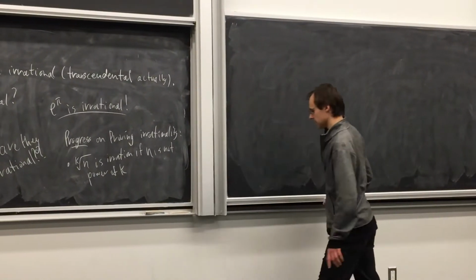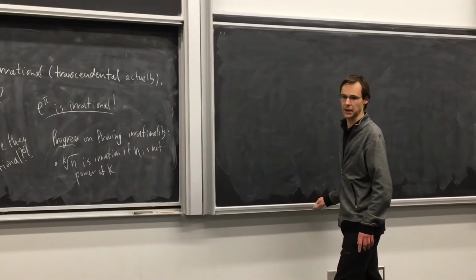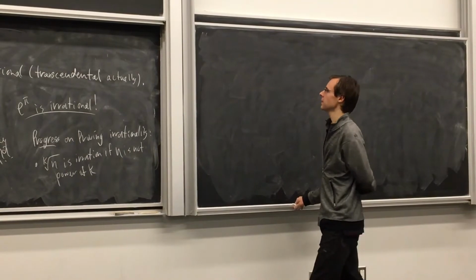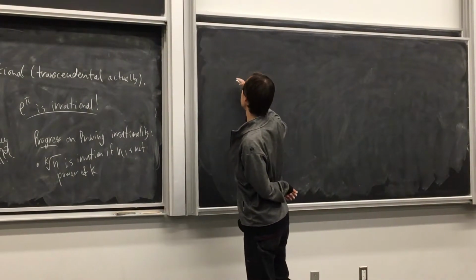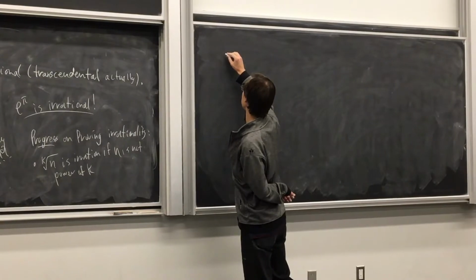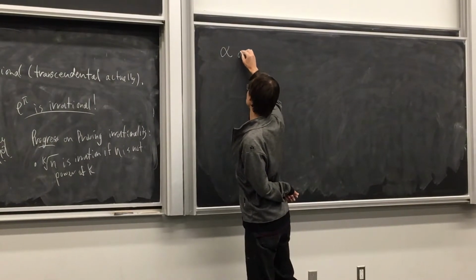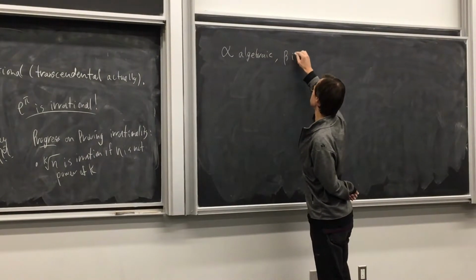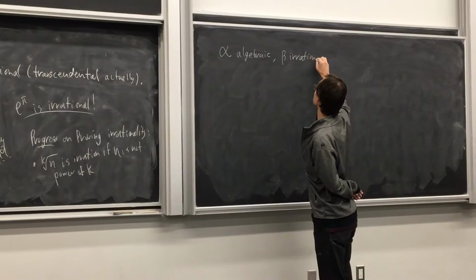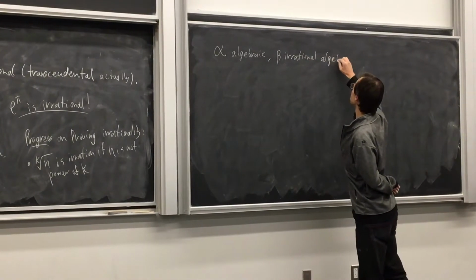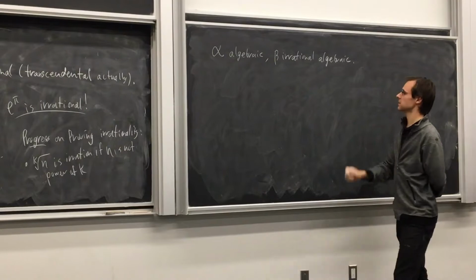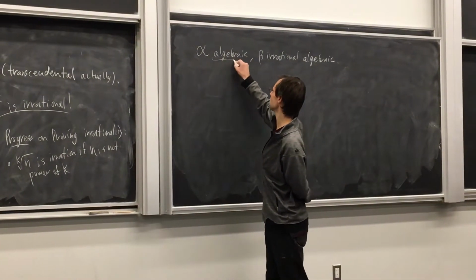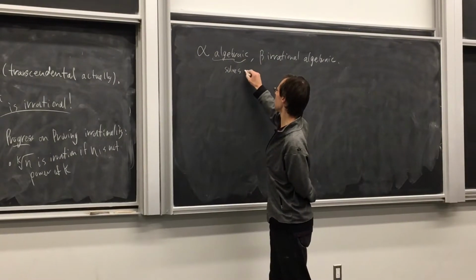We know that if we raise a rational number to the power of an irrational number, we get an irrational number. Okay? Actually, the result is stronger than that. Okay? If we have alpha algebraic, beta irrational algebraic. So what algebraic means is not transcendental, or solves a polynomial equation.